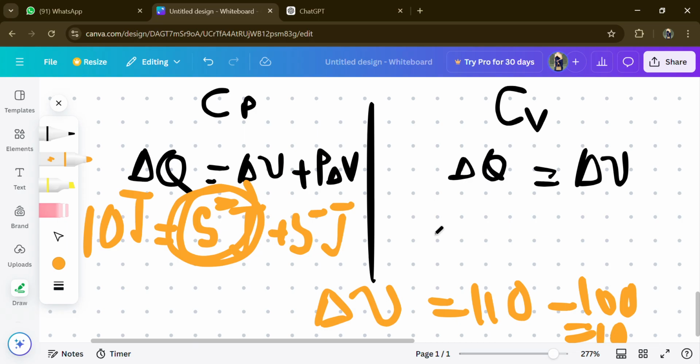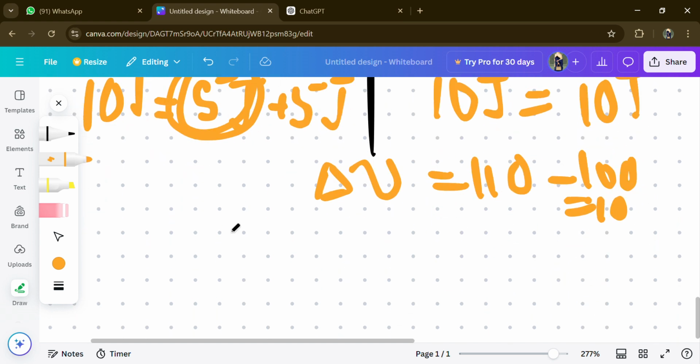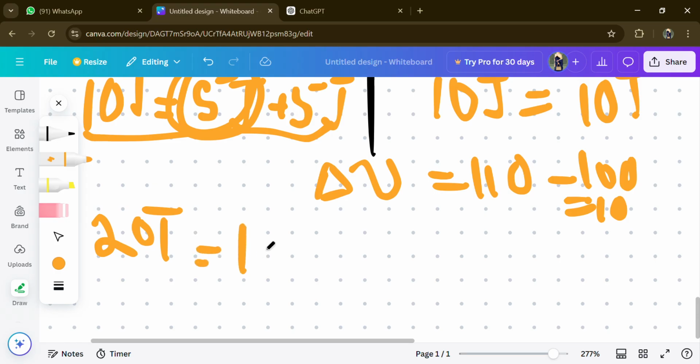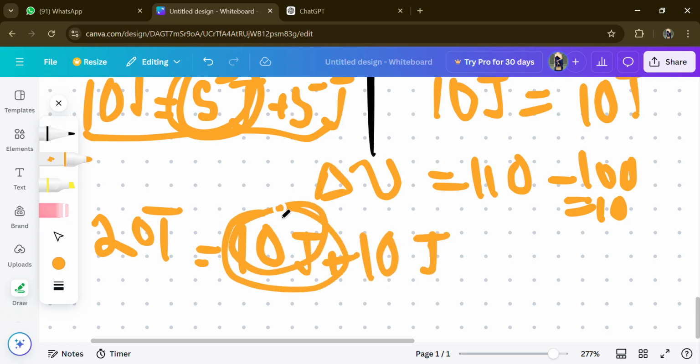If I provide 10 joules to the system, it will turn into only 5 joules of gain. So to achieve the 10 joules in this situation, we must provide 20 joules to the system. That will turn into 10 joules plus 10 joules, so now we achieve the situation of 10 joules.